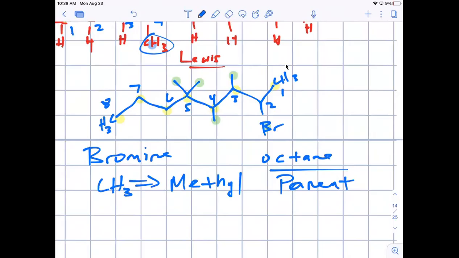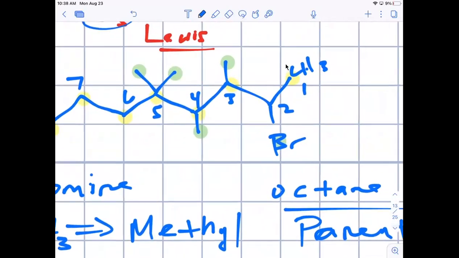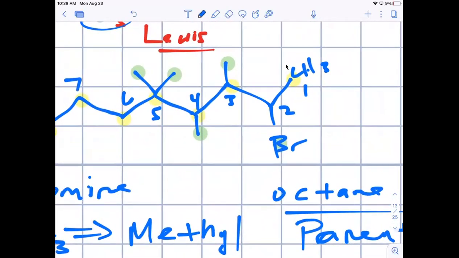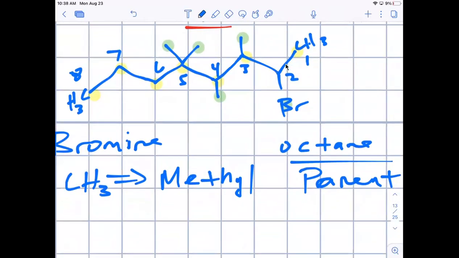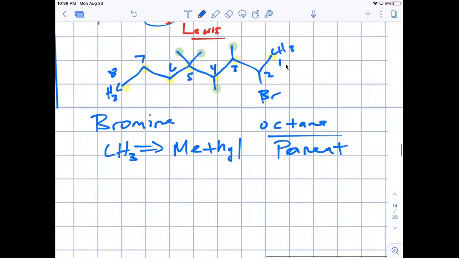How many methyls do we have? I have them highlighted in green because every one of those lines, 4 methyls. Good. And they are at 3, 4, and 5. That's the location.